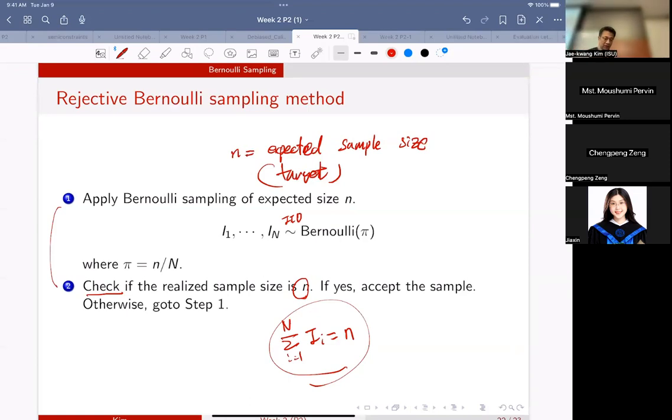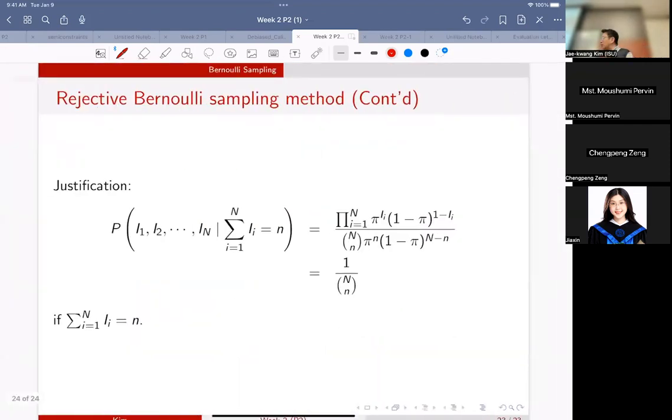And it turns out that this is exactly another way of implementing simple random sampling. If you look at the joint distribution of the indicators conditional on this event, how do we compute this conditional distribution? You have the joint divided by the probability of the event, so the numerator should have an indicator.